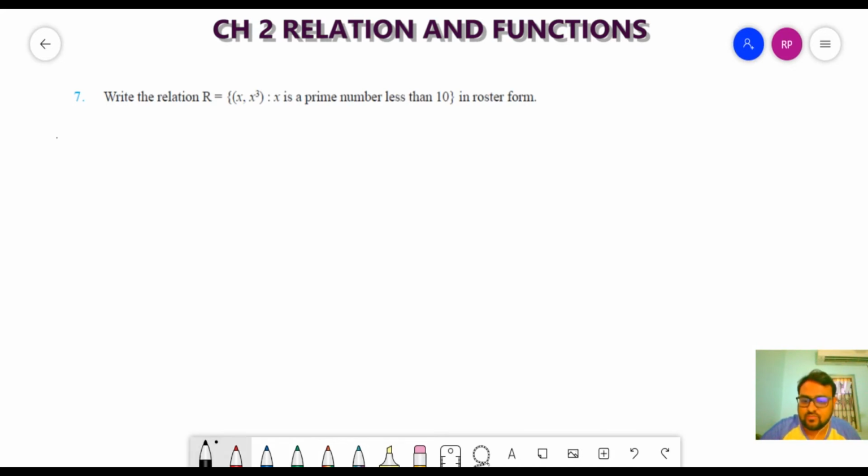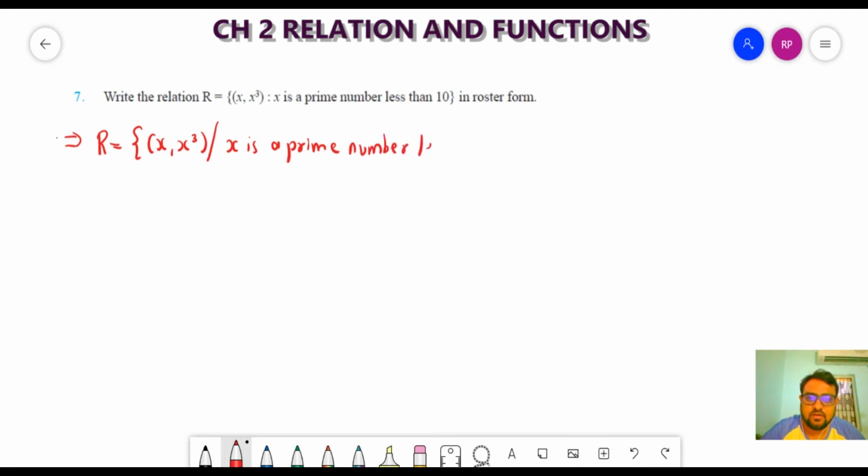R is the relation R is equal to the ordered pair x, x cube such that x is a prime number less than 10. So now see here, the ordered pair is x and x cube.